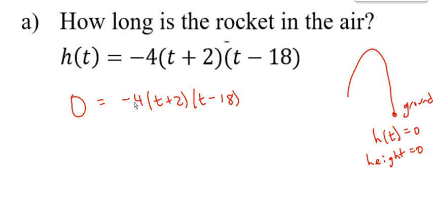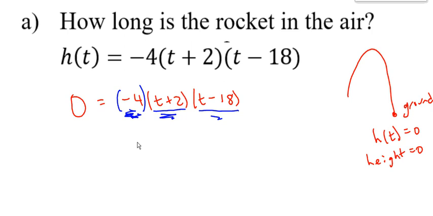Because what I have on the right side is -4 times (t plus 2) times (t minus 8). Now, if any one of these three things, so this bracket, or this bracket, if any one of them was equal to 0, the whole expression is 0, because 0 times anything is 0. So if I can figure out what values of t make any of these brackets 0, I've got a solution to this problem.